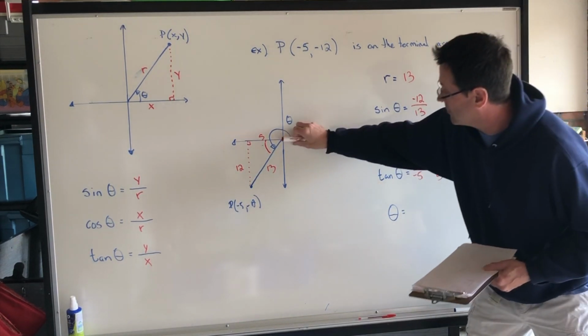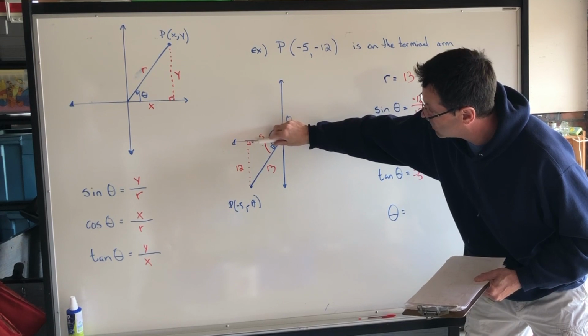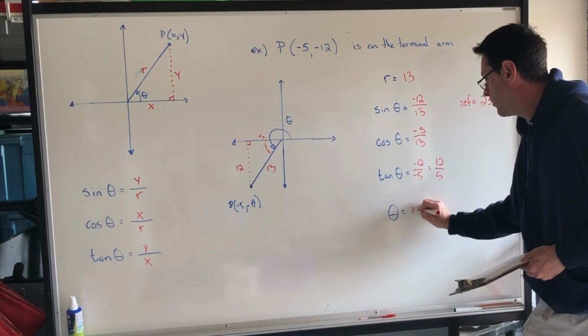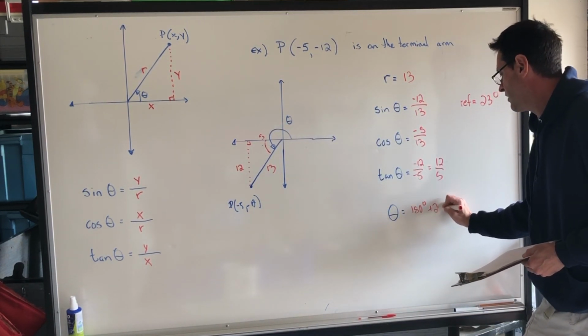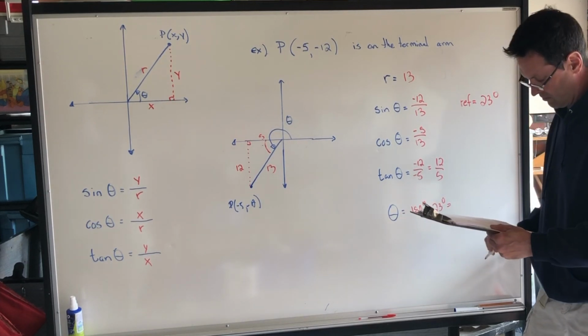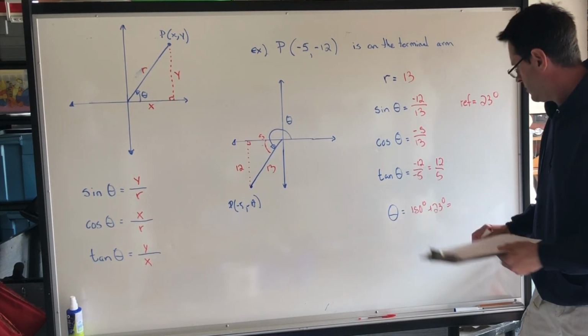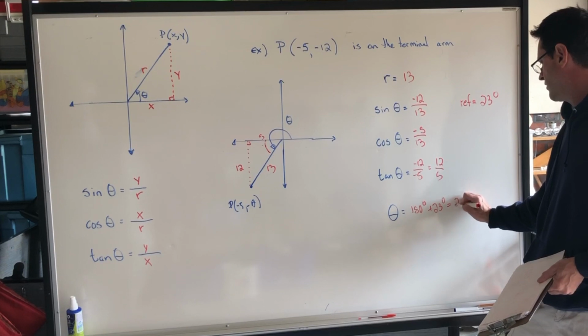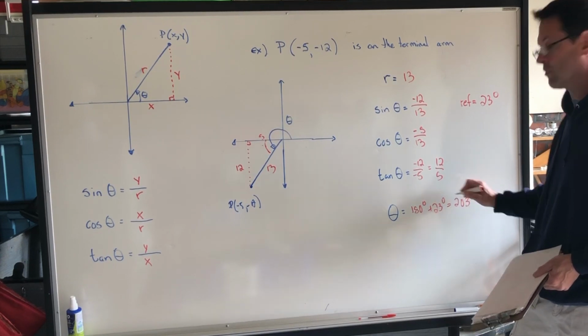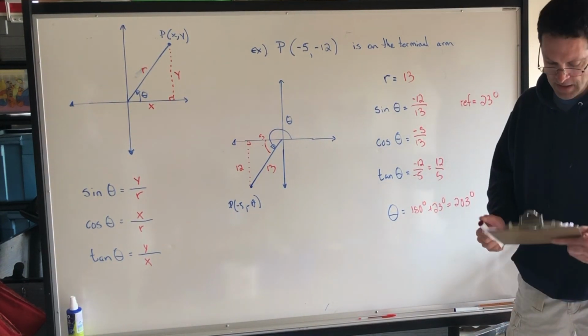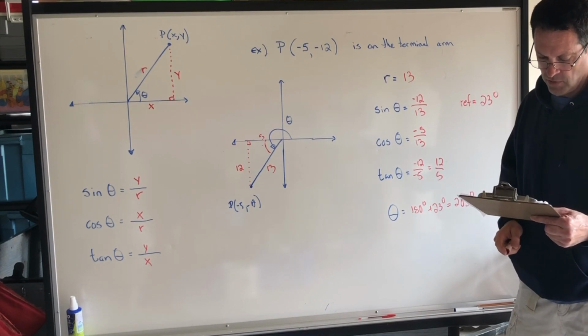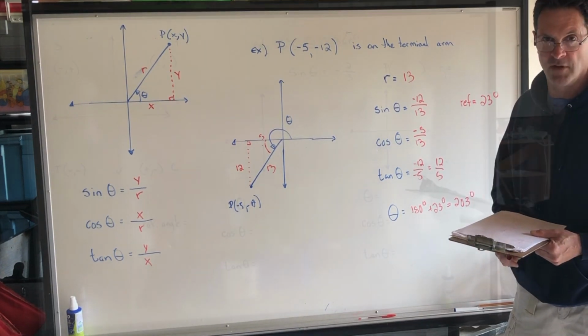So the angle in standard position would be 180 plus 23 degrees, which works out to 203 degrees. That should help you with page 428, number 6, and number 10.